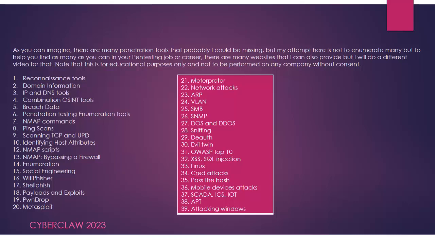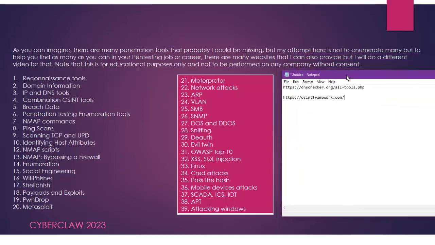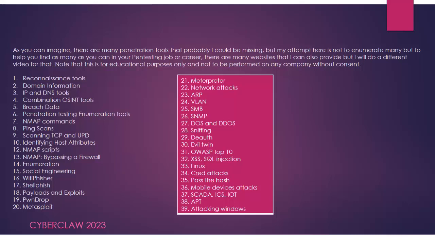The OSINT framework will be a good website for you to get some good insight information, without even doing a physical, well, you will be doing a passive search. So this one right here, it's a good website to go to, which will really help you a lot in understanding the OSINT framework.